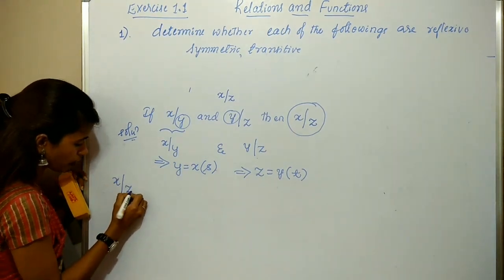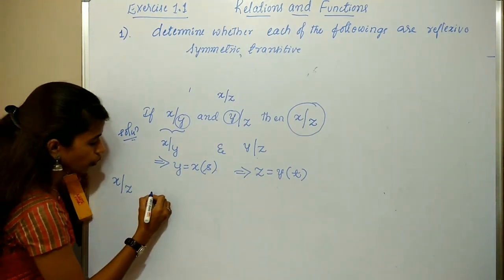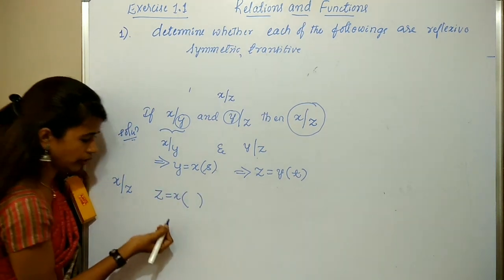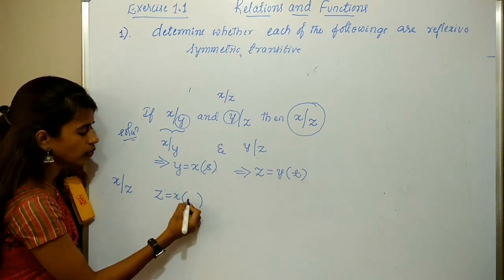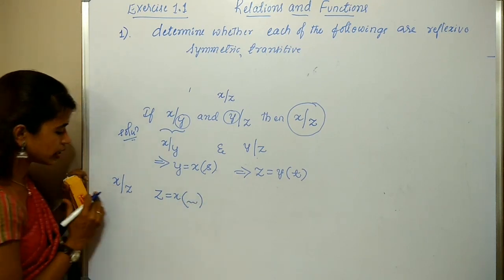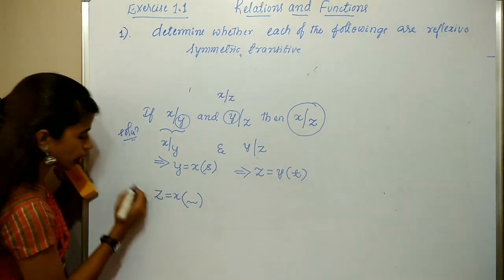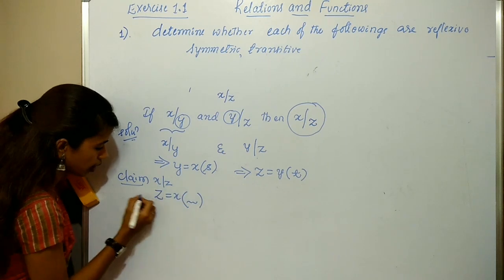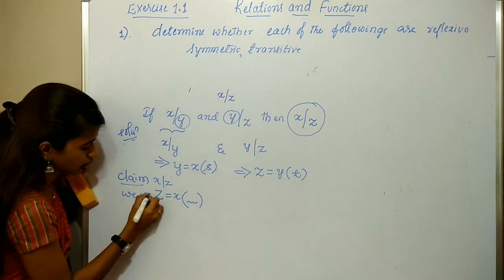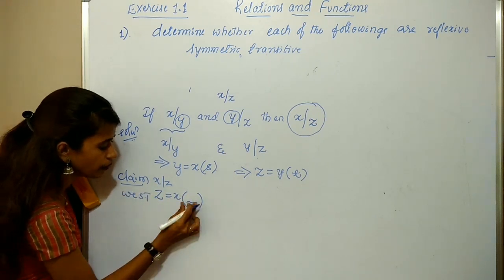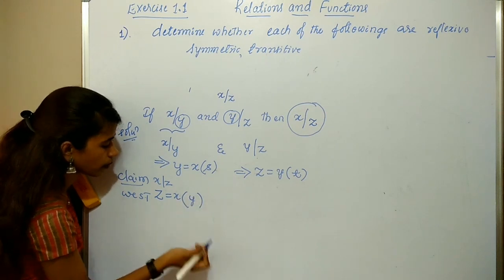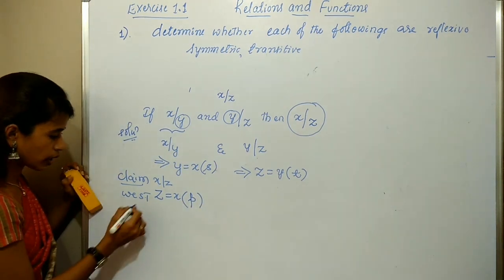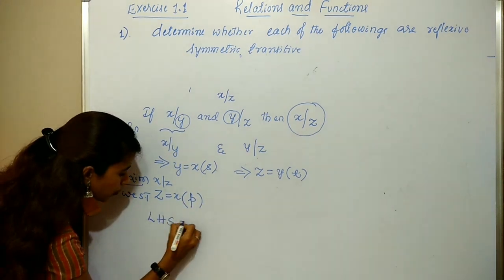Now we must show that x divides z. So we must get z equal to x into some value, and that must be an integer. For that, we show that z is equal to x into some value, say p. So consider the LHS.